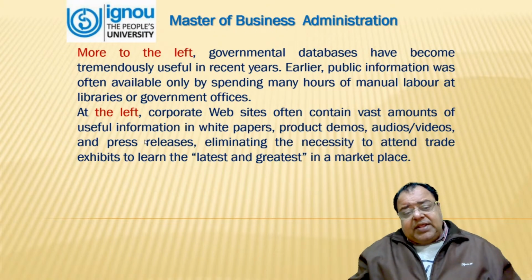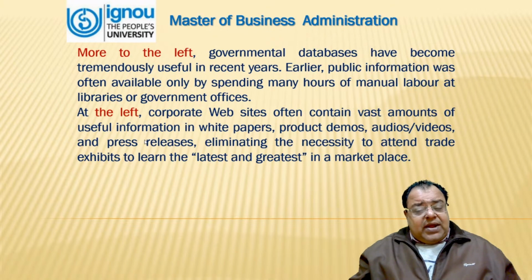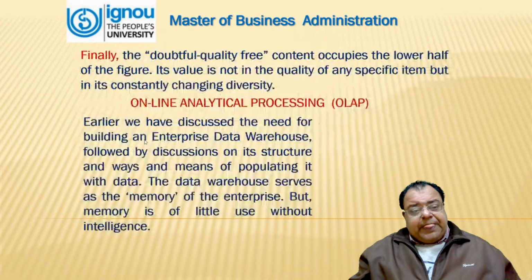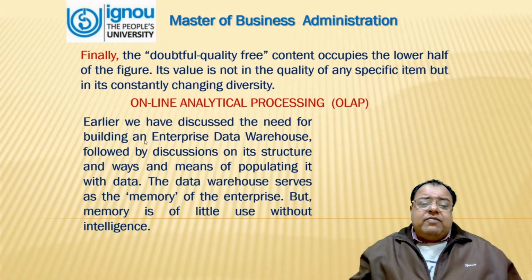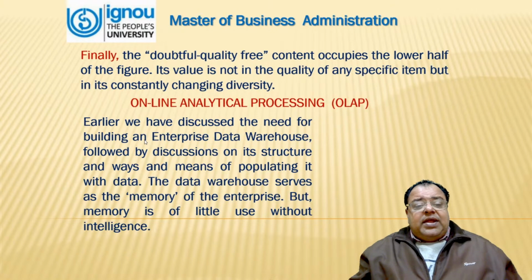And at the left, the corporate websites often contain vast amounts of useful information in white papers, product demos, audios, videos, and press releases, eliminating the necessity to attend trade exhibits to learn the latest and greatest in the marketplace. Finally, the doubtful quality free content occupies the lower half of the figure. Its value is not in the quality of any specific item, but in its constantly changing diversity.